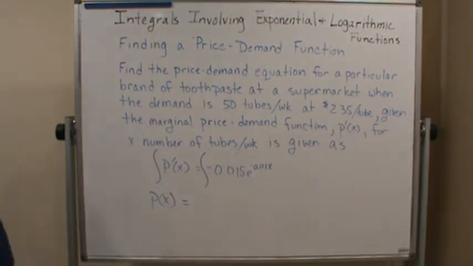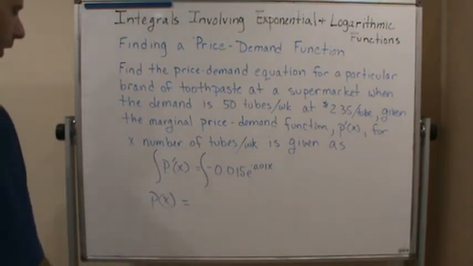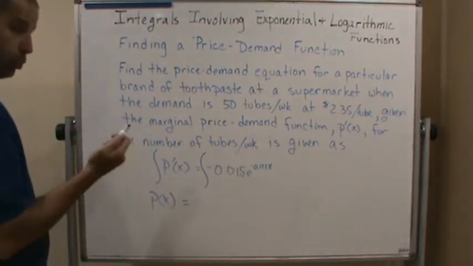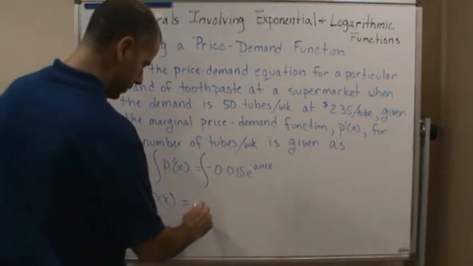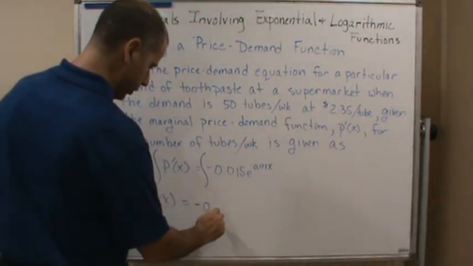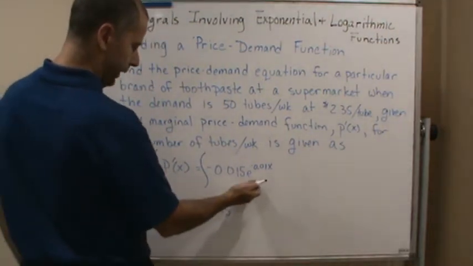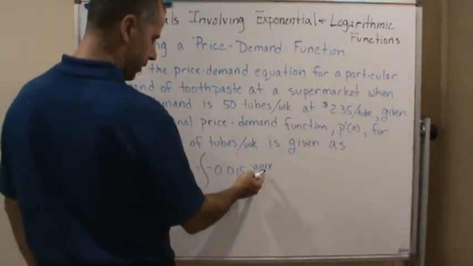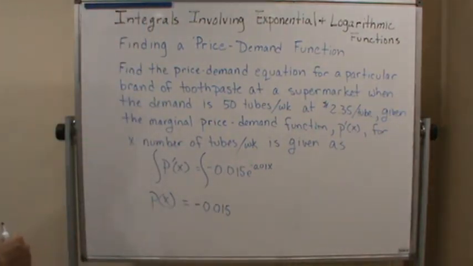And what are we going to have to do over here? Well, we're going to integrate this thing, and we don't have to use u substitution. Use the rule for exponentials. So this is going to be negative 0.015, and we integrate this by using the rule.